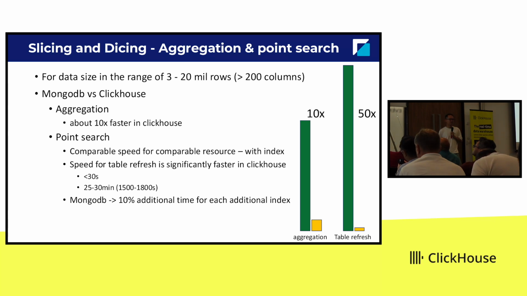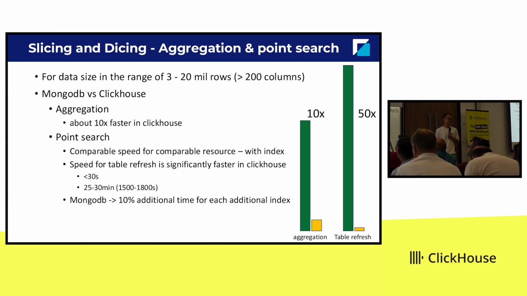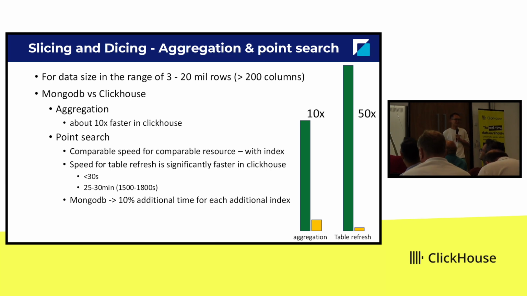That's when we found ClickHouse to be performant enough for us to proceed with our PM's wish list. So that's 10 times to 50 times faster for different purposes, of course. We did reach out to MongoDB and they taught us something.